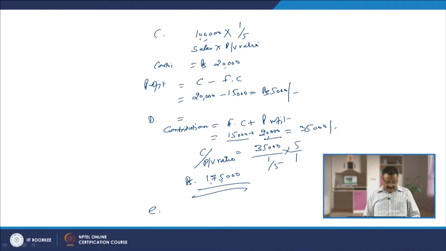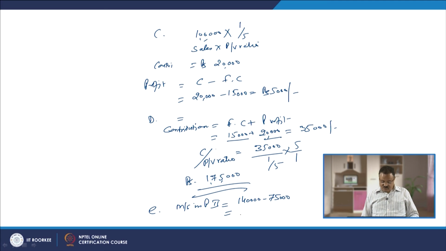And the last question I want to answer is the margin of safety in period 2. Simply, the formula is sales in period 2 minus break even sales. What are the sales in period 2? 140,000. And the break even point, as I told you, comes out as 75,000 rupees.